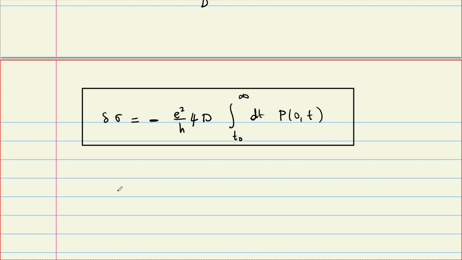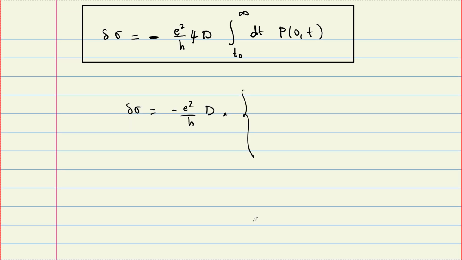Then delta sigma, I think we have taken this integral previously, minus E squared over H times, let me forget this 4 sometimes, I can put it back if I need to make some equation a little prettier. It's going to be root t, right? This thing is 1 over root t to the power d, and in 1D, this is some t naught to infinity.